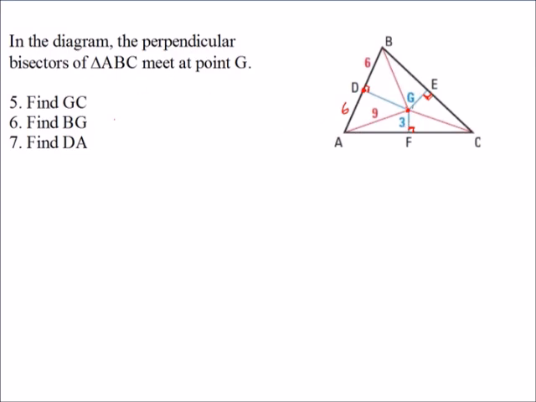So if I find GC, GC is the same distance to C as it is to A and B. We know from G to A is 9, so G to C has to be 9 as well. Being that this is 9 and this is 9, BG has to be 9. And being that we know DB is 6, we know that DA is going to have to be 6 as well.